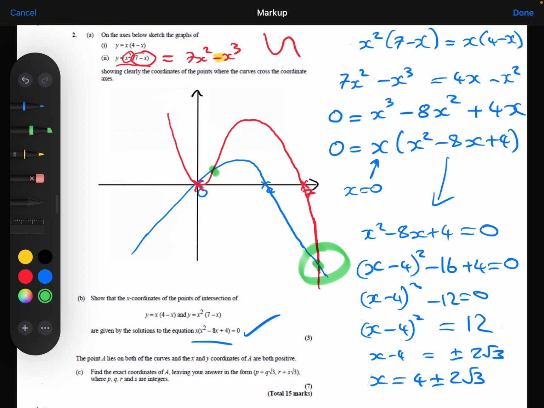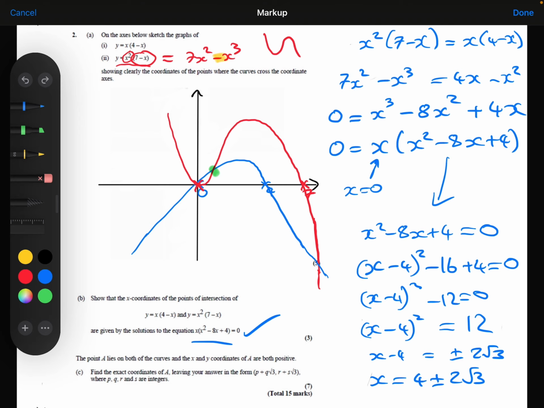So I'm not interested in the bigger version of these. The x coordinate here is obviously bigger than the x coordinate here. So I'm not interested in the bigger one. I want the smaller one of these. So I don't want the 4 plus 2 root 3. I want the 4 minus 2 root 3. That's the one I want.